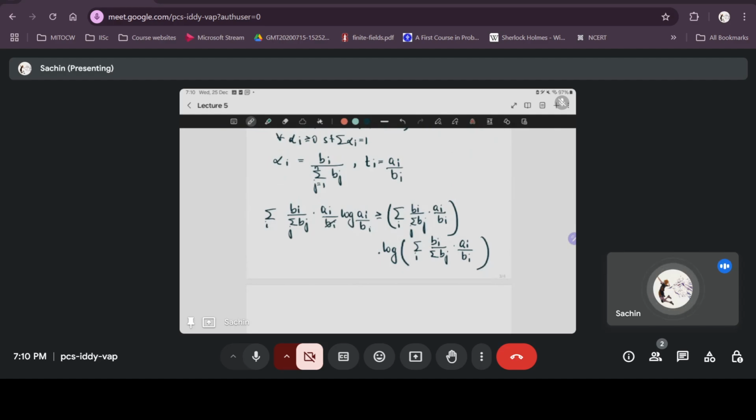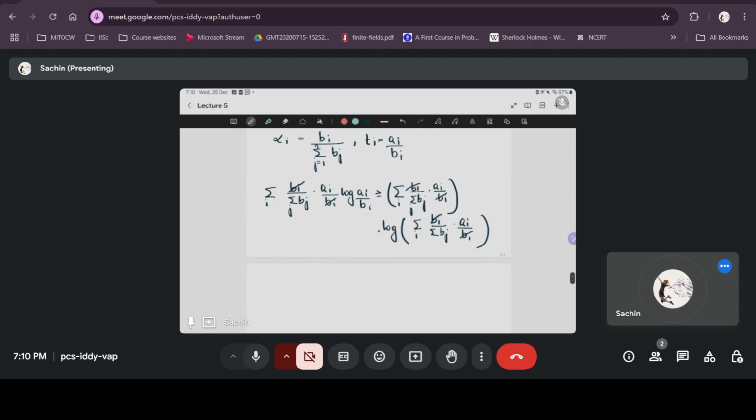This bi will cancel in all these terms, and the summation bj here and here, they are constants, so they can come out of the summation.